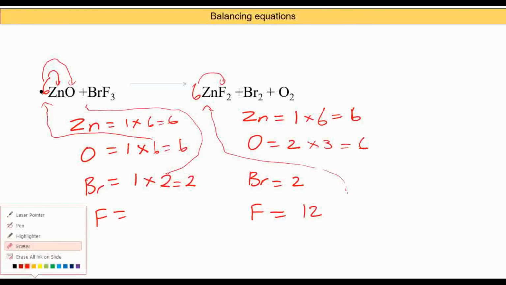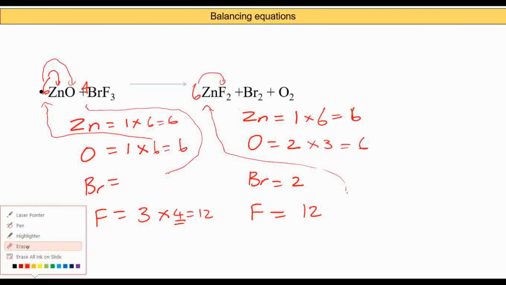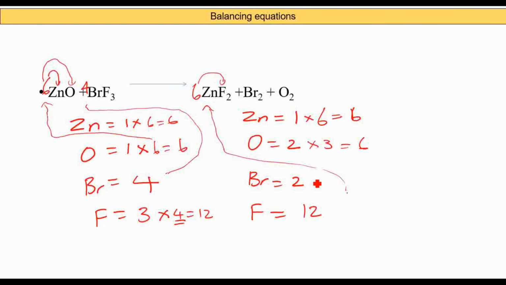Remember, in this case we're back here, this is going to be 3. So we have to times that by 4 to make it 12. We're going to take that 4 and put it in front. Now my Br is no longer 3. My Br is now going to be 4 times that by 2, which makes it now 4. So I need to put 2 there.